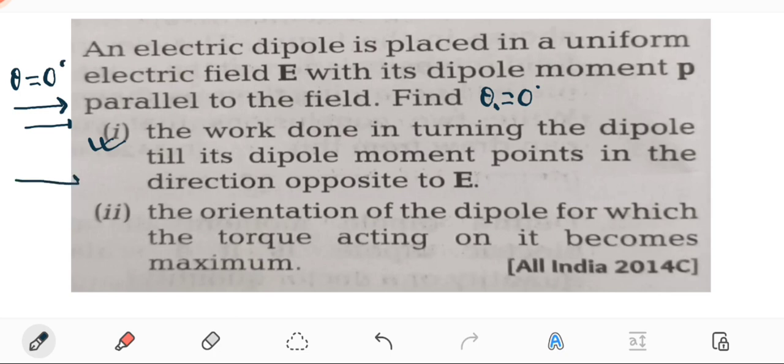Now when it is in the opposite direction, in this case theta will be equal to 180 degree. So we are supposed to find the work done from theta 1 to theta 2, where the value of theta 1 is equal to 0 and the value of theta 2 is equal to 180 degree. So let's solve the first part of the question first.